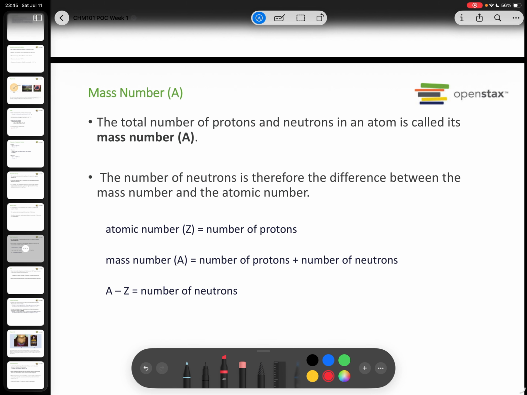Therefore, the number of neutrons is A minus Z. This is a simple but very important formula: neutrons equals mass number minus atomic number, okay?